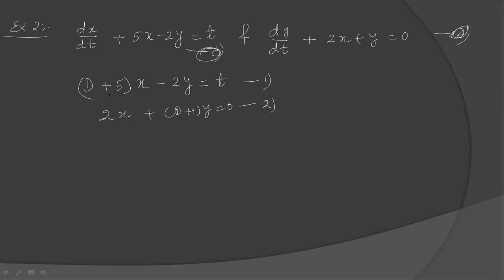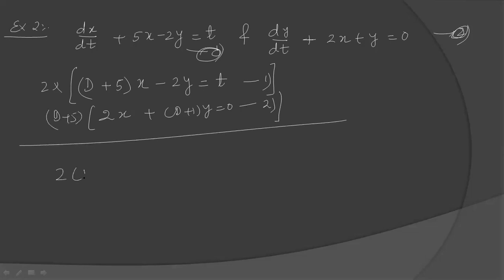What will we do? We will equate the coefficients of x. So we will multiply by 2 here and we will multiply by (D plus 5) here. Your first equation now will become 2(D plus 5)x minus 4y equals twice t. The second equation will become 2(D plus 5)x plus (D plus 5)(D plus 1)y equals 0.